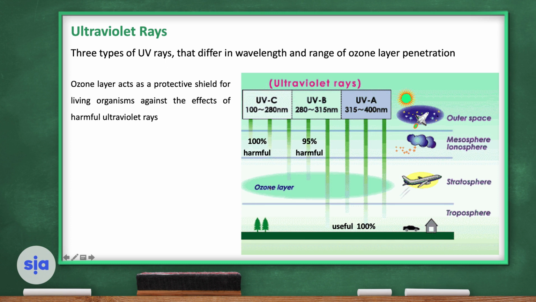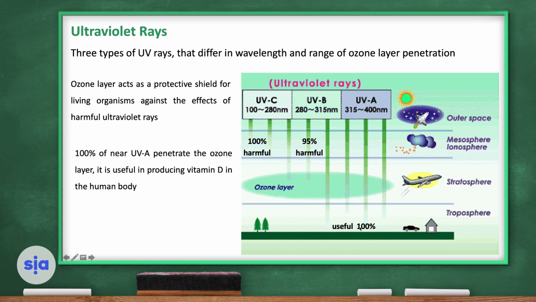Therefore, we can conclude that the ozone layer acts as a protective shield against the effect of harmful ultraviolet rays. 100% of ultraviolet A penetrate the ozone layer. It's very useful for humans and living organisms. It helps in producing vitamin D in the human body.